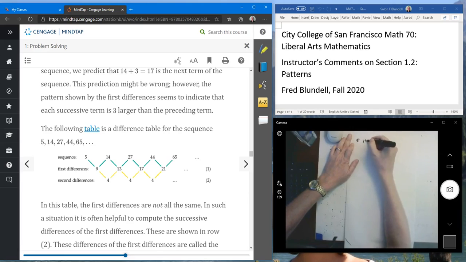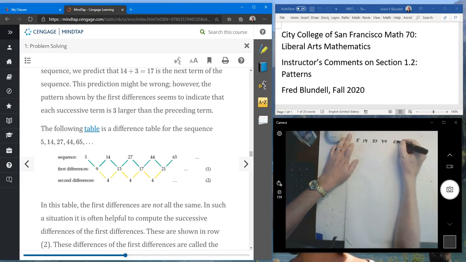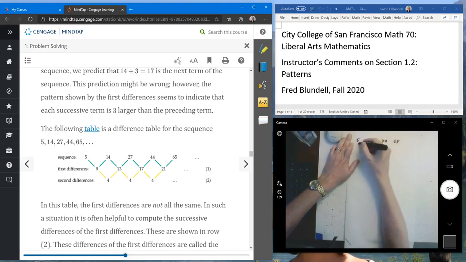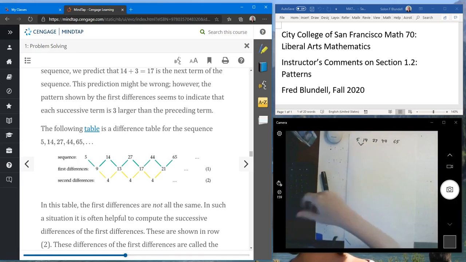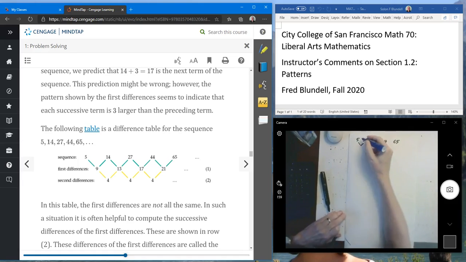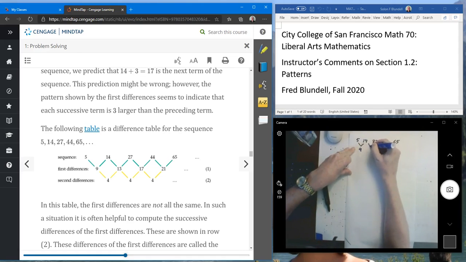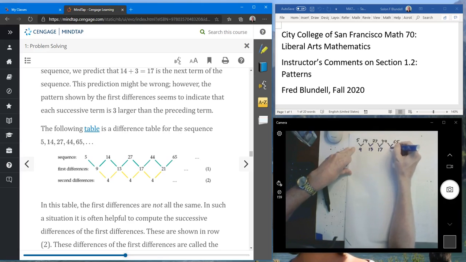You've got 5, 14, 27, 44, and 65. And the differences this time are not staying constant. This time, the difference from 5 to 14, 14 minus 5 is 9, and then 13, and then 17, and then 21.